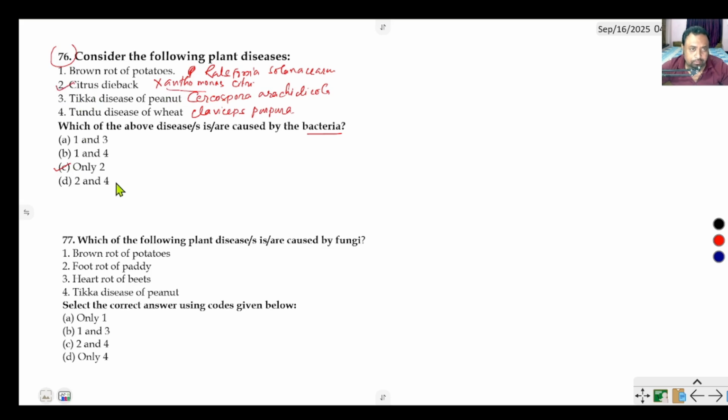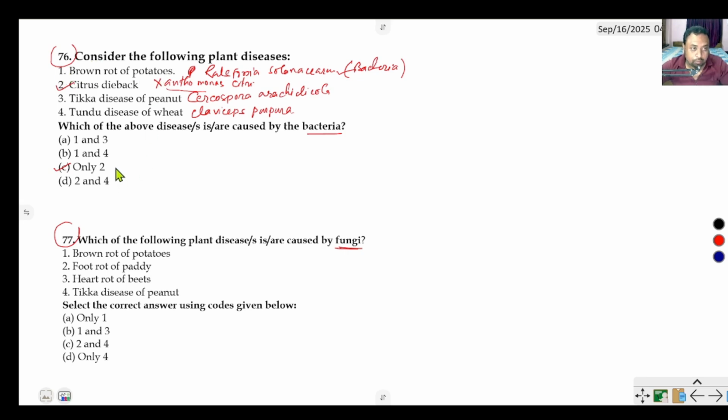Question number 77 says, which of the following plant diseases is or are caused by fungi? Brown rot of potato is caused by Ralstonia solanacearum, which is a bacterium. In the 76 number question also, 1 is correct.